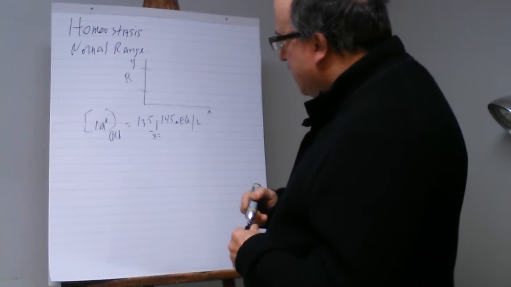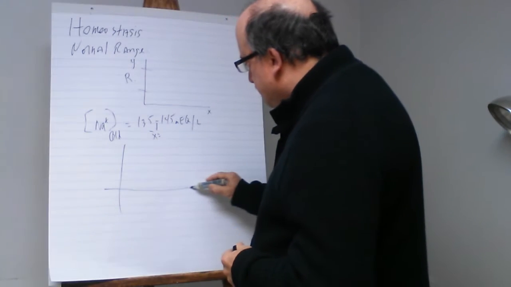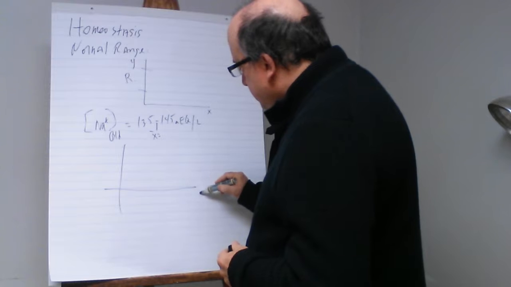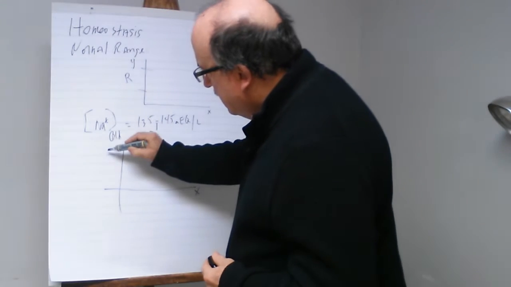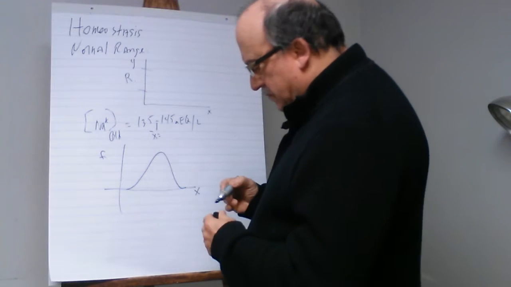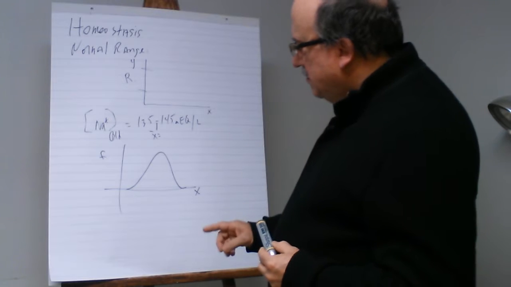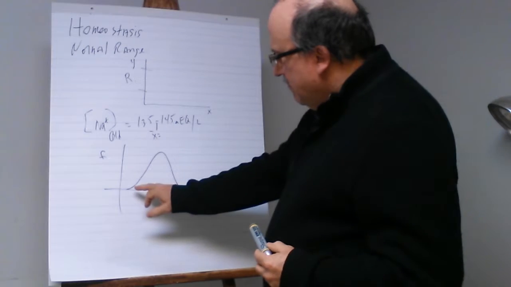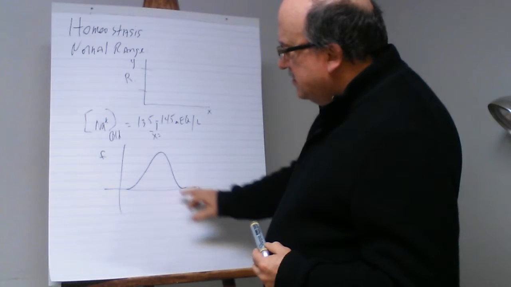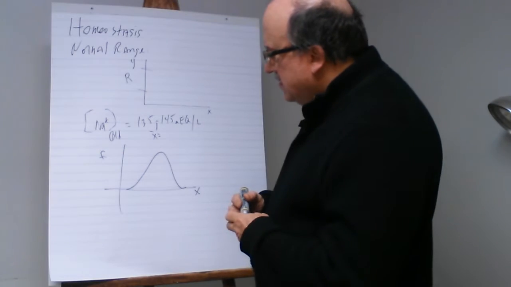So where do we get the range from? Well, it's a statistical concept. This is a two-dimensional statistical graph, with the sodium values on the x-axis and the probability frequency on the y-axis.